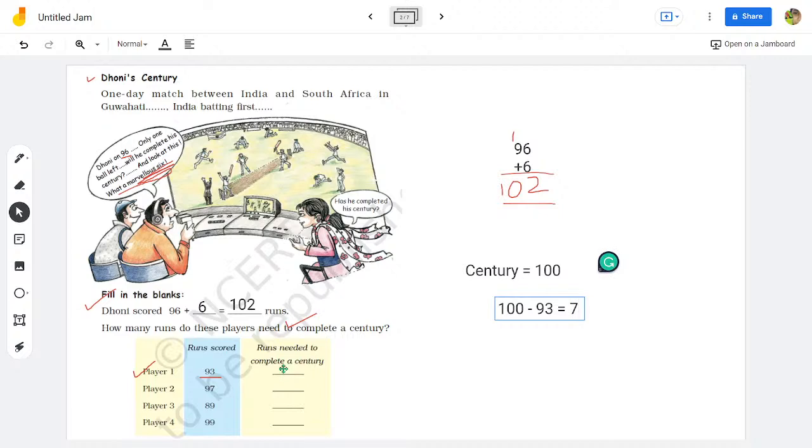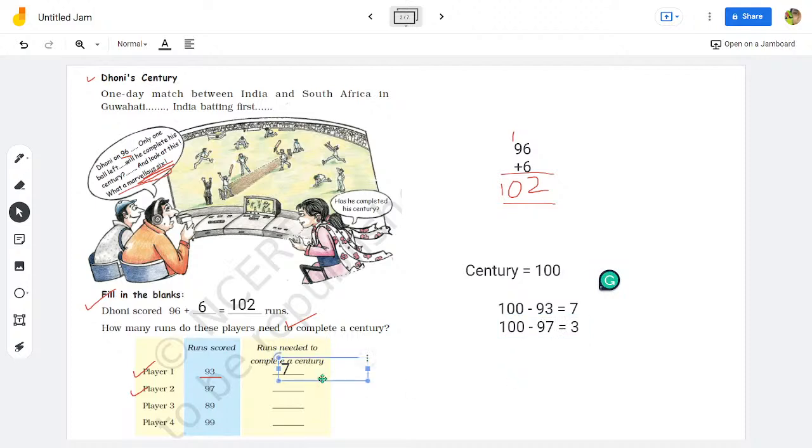That means the first player needs 7 more runs in order to complete his century. If we move on to the second one, he has 97 runs. So 97 runs means he would again do 100 minus 97, which is equal to 3.